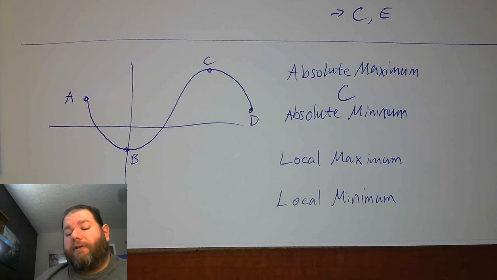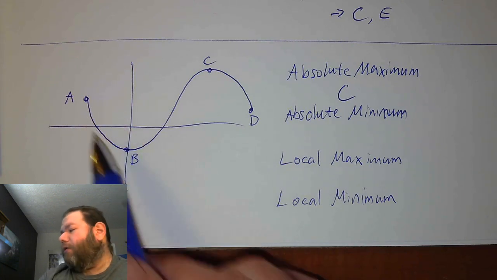What about our absolute minimum in this case? As far as the absolute minimum goes, it'll be B for a minimum.